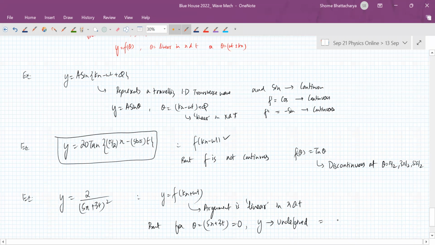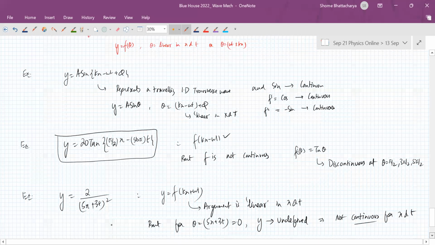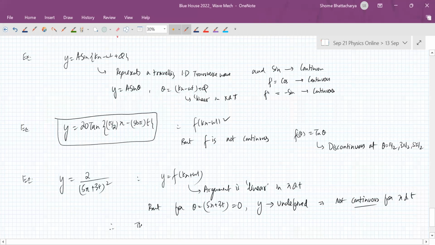Okay. So therefore, it is not continuous for all x and t. So therefore, this cannot represent a traveling wave.